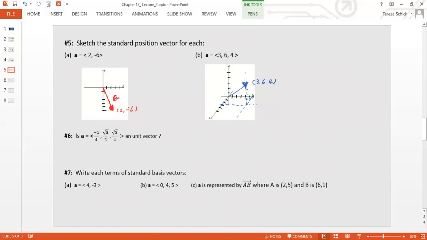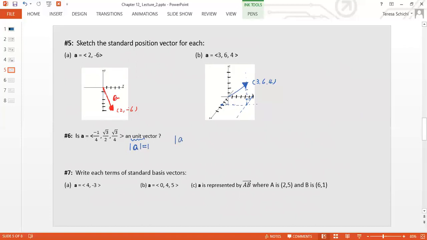All right, the next thing, let's take a look at number 6. It asks whether this vector is a unit vector. Do we still remember what a unit vector means? It means the length of A is equal to 1.